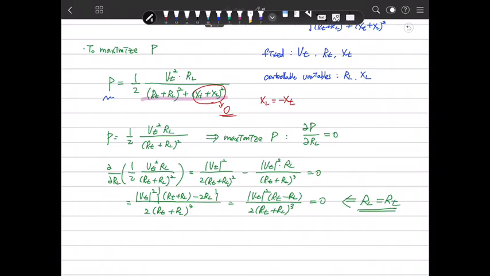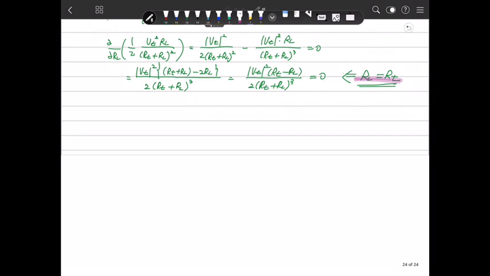Therefore, we have two conditions. XL should be the same as minus XT, and RL should be the same as the transmission resistance RT. So ZL should be RT minus jXT. This is ZT's conjugate.